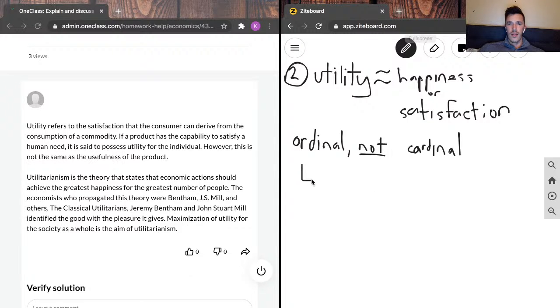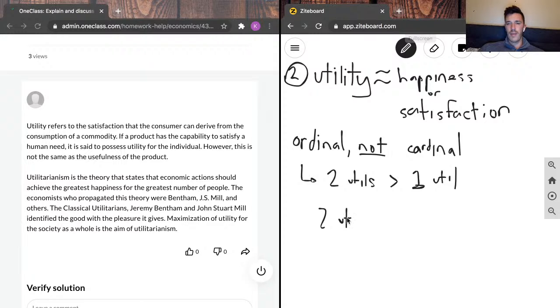And what this means is that 2 utils are better than or preferable to 1 util. But 2 utils alone doesn't mean anything.